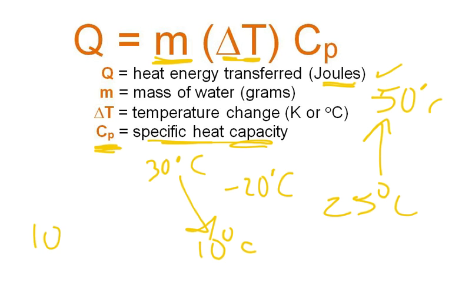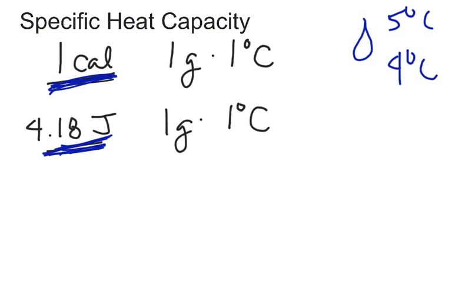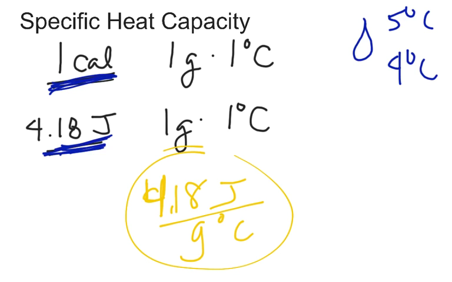So it would be 10 minus 30, and we would get negative 20 degrees. That shows up once in a while, not usually too confusing. The last one here is the heat capacity, and as we mentioned before, heat capacity is 1 calorie per gram degree if we're working in calories, or 4.18 joules per gram degree for water, and that's the number we use quite often.